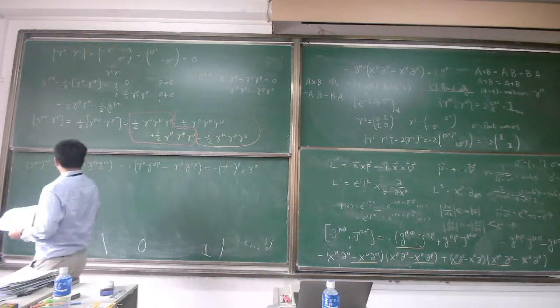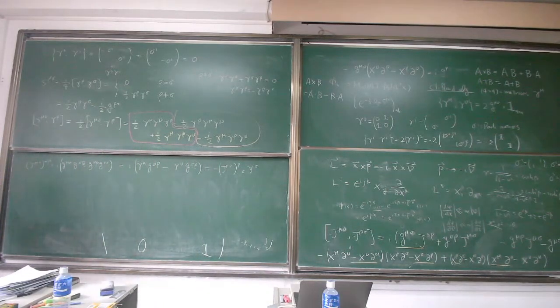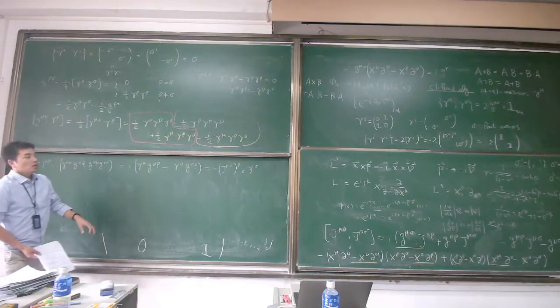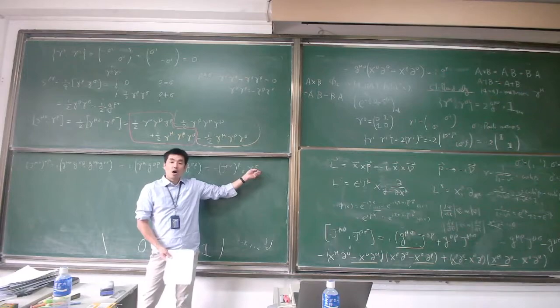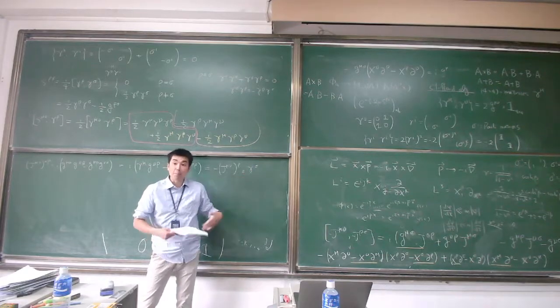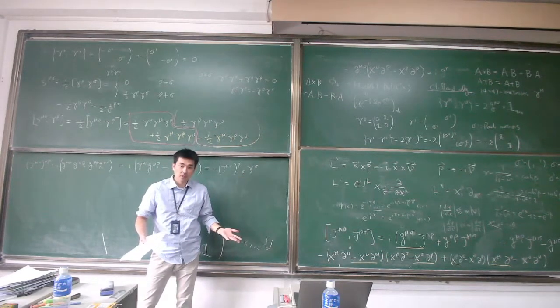That you can easily check. So if you take a commutator of S and gamma, the Lorentz-Lie algebra acts on the gamma matrix as a vector. Do you understand what I mean?